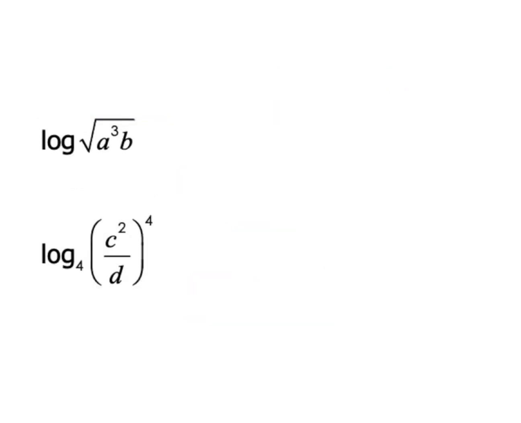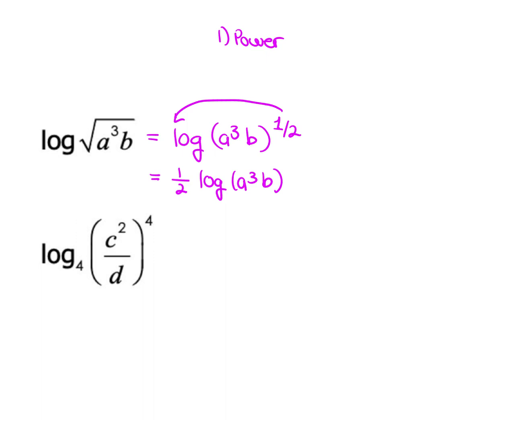Here we have log of the square root of a to the 3rd, b. So this is really log of a to the 3rd b, quantity to the 1/2 power. So for this, we're going to use the power rule first, because the variables that we're expanding are inside the parentheses.